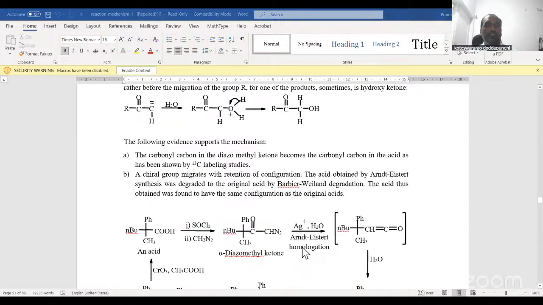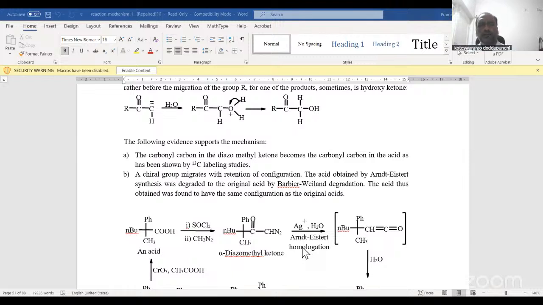The following evidence supports the mechanism. The carbonyl carbon in the diazomethyl ketone becomes the carbonyl carbon in the acid, as shown by C13 labeling studies. By inserting C13 isotopes, we can study the mechanism.